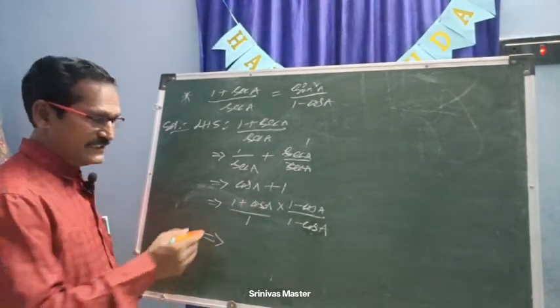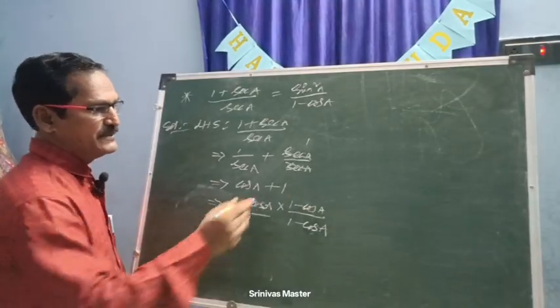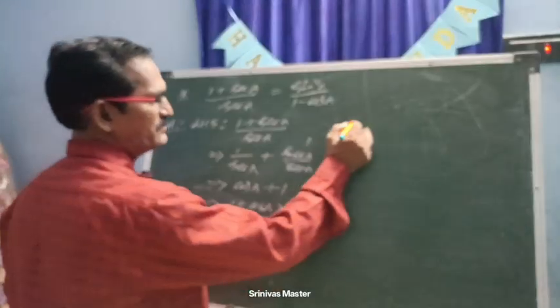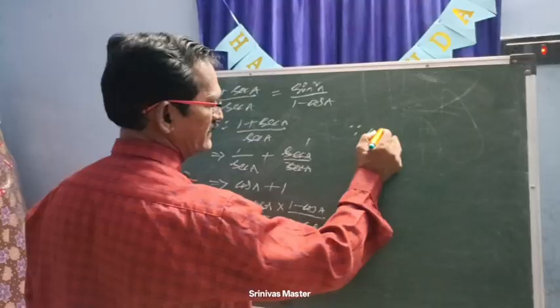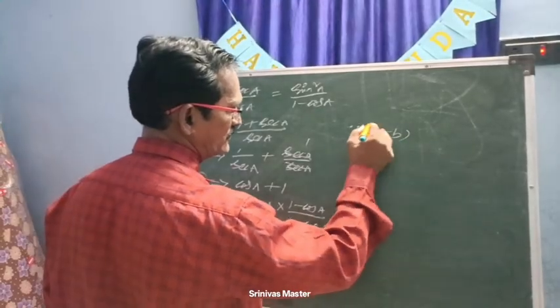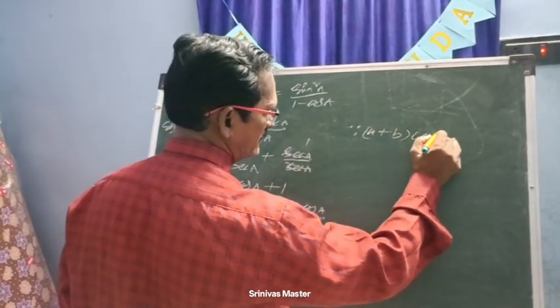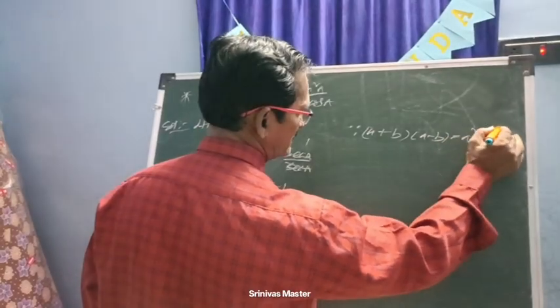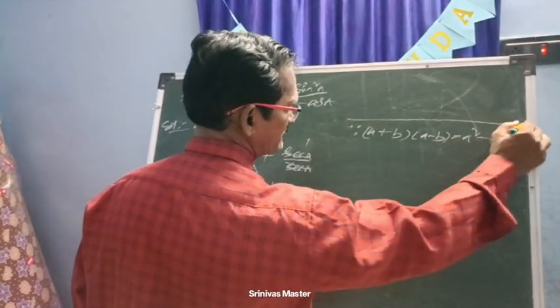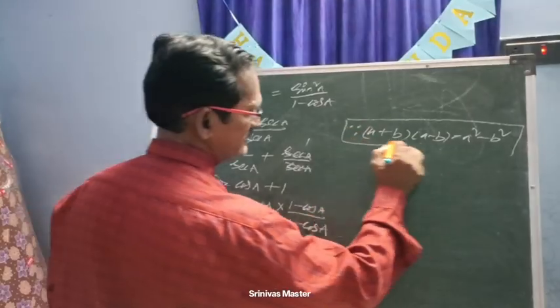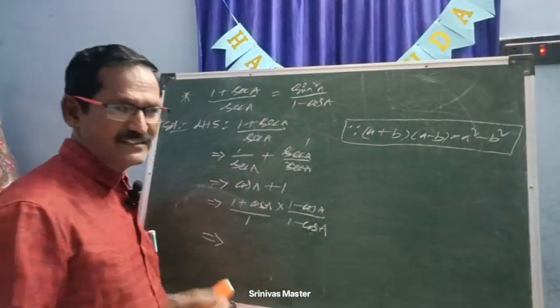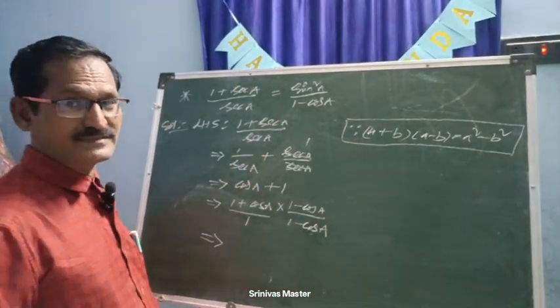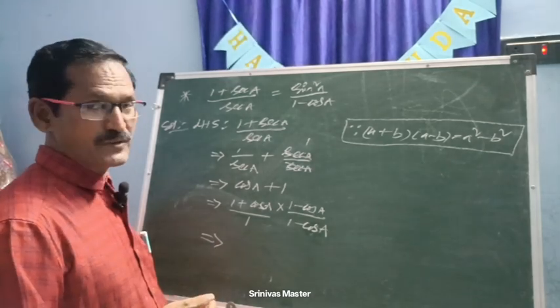1 plus cos A into 1 minus cos A. What formula is it? A plus B into A minus B. That formula will be applicable. What is the formula? A square minus B square, right? This is one of the identities you learned in 7th standard, so you must remember that.